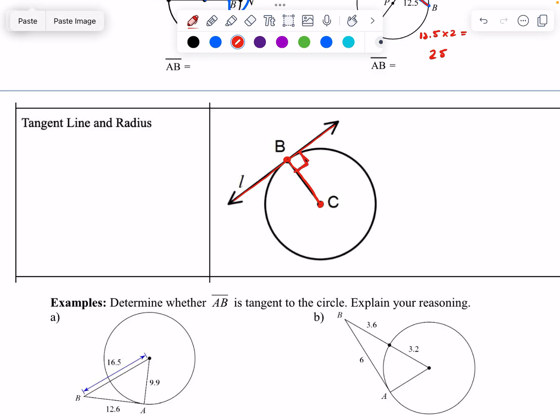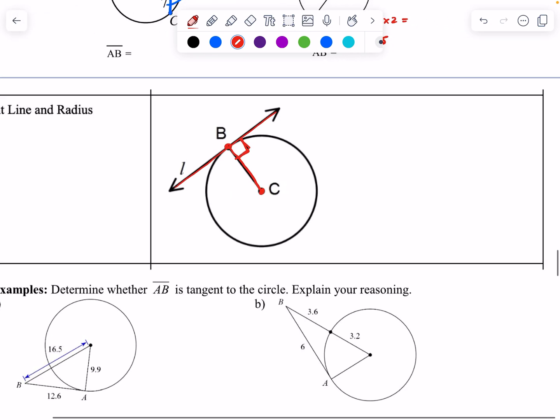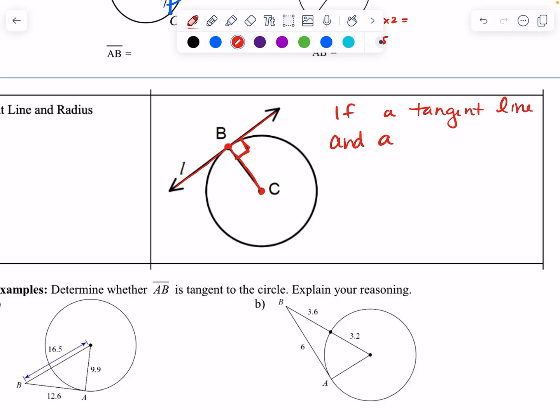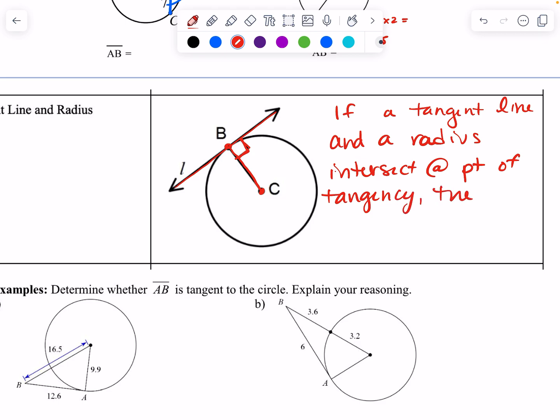So how you would write that is, if a tangent line and a radius intersect at the point of tangency, then a 90-degree angle is created.